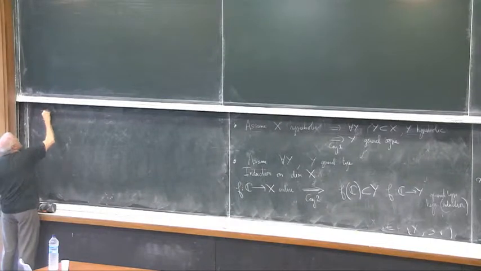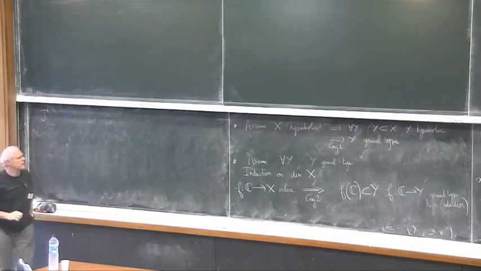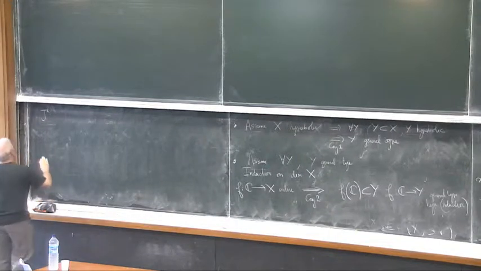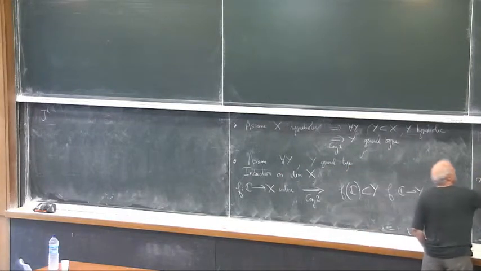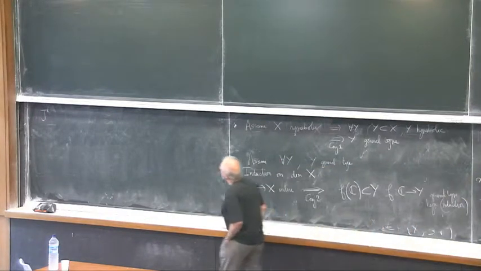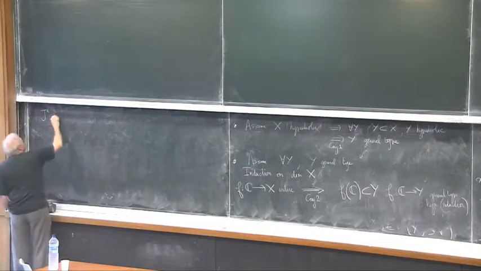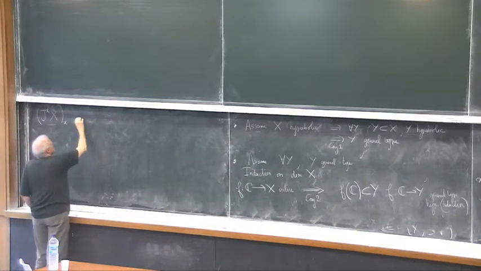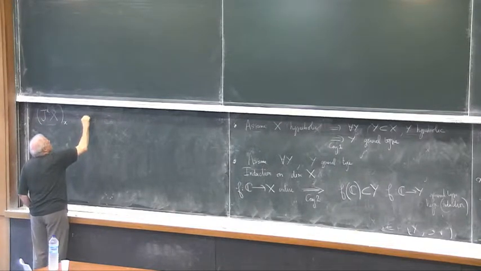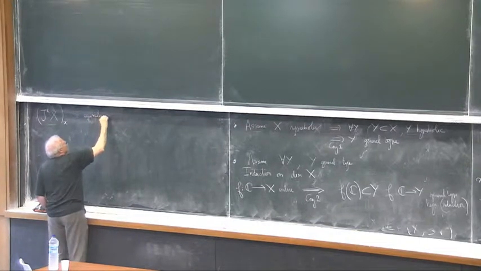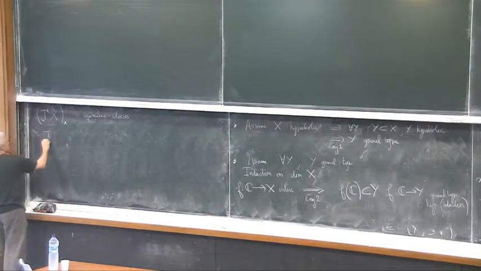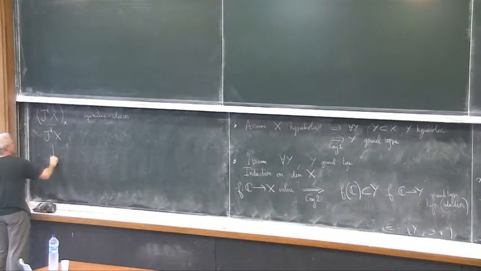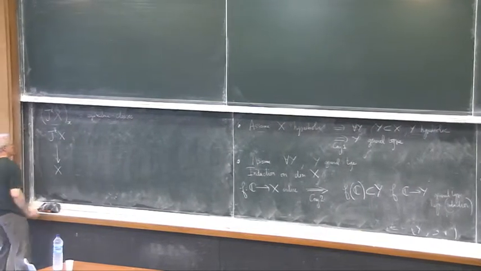So the fiber of your k-jet bundle, J^k(X), is just these equivalence classes. And of course, you get a bundle by just projecting the fiber to the point x.